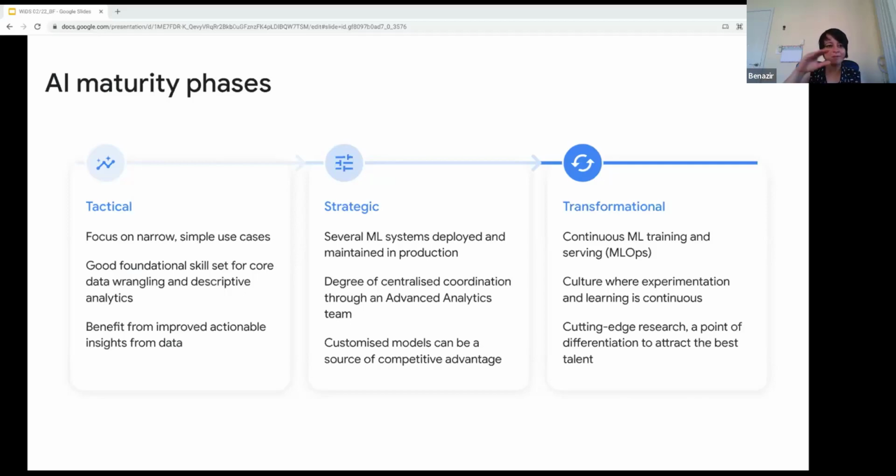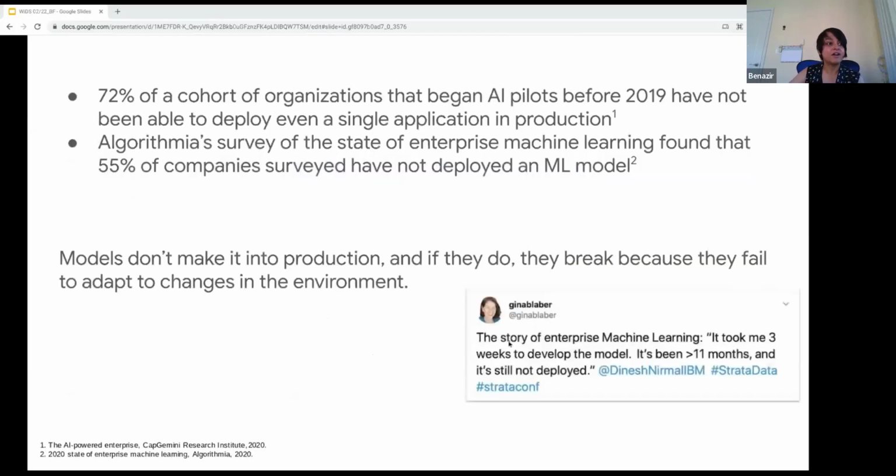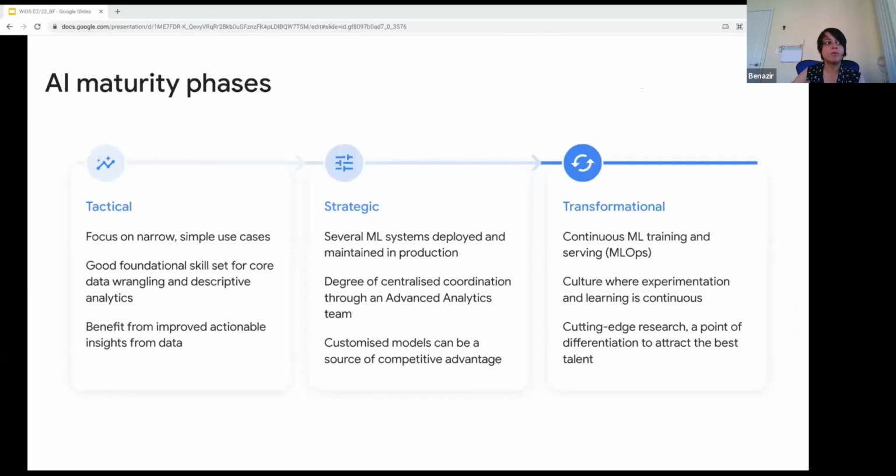So the pipeline there is a set pipeline, whereas in tactical use cases there might not be any pipeline. In the example I gave, the famous tweet posted a few years ago, the model was developed in 3 weeks, but it's been greater than 11 months and it's still not deployed. It's because there was no process in place in that company to deploy that model.